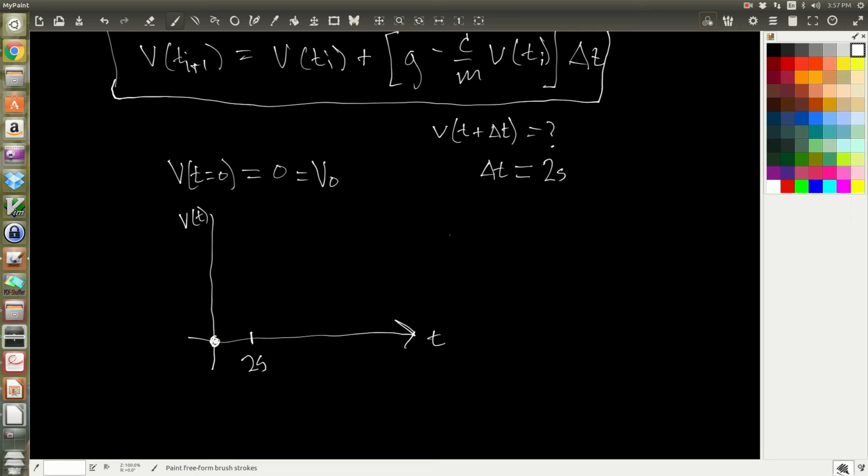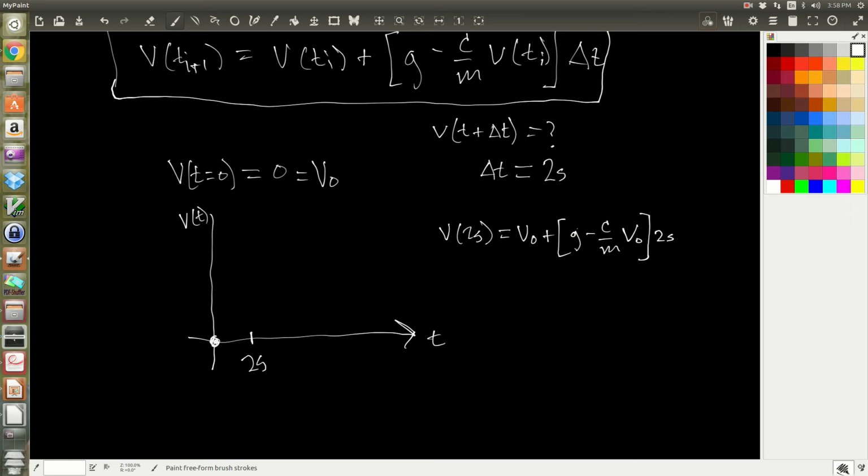So what I can do is say the velocity at time 2 seconds is just going to be equal to, using this equation, where this 2 seconds is our t i plus 1, our velocity at time 0 plus g minus c over m times v at 0, times our delta t, which is 2 seconds.